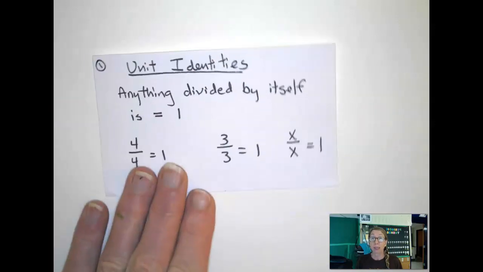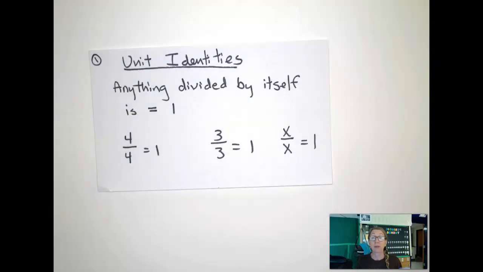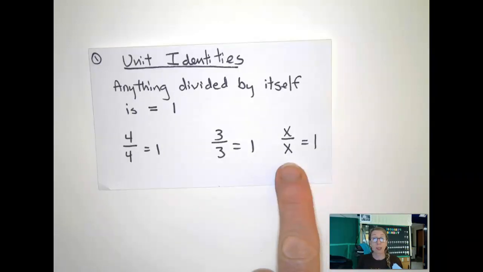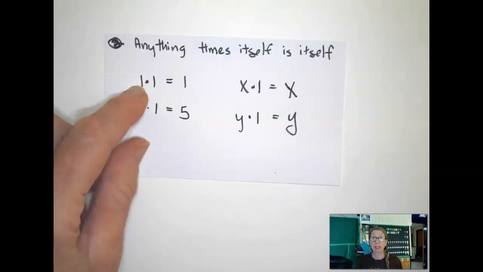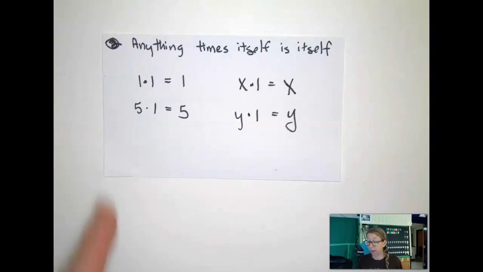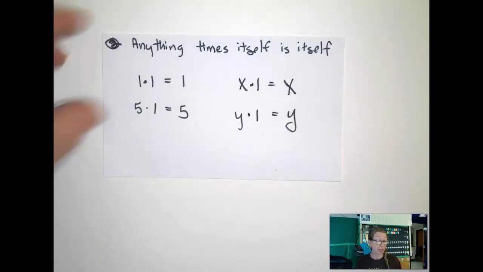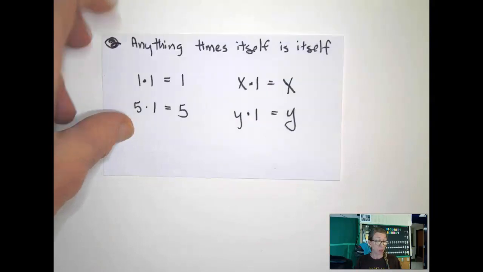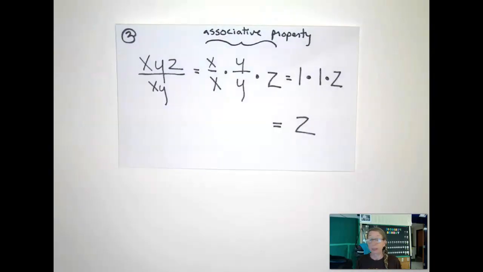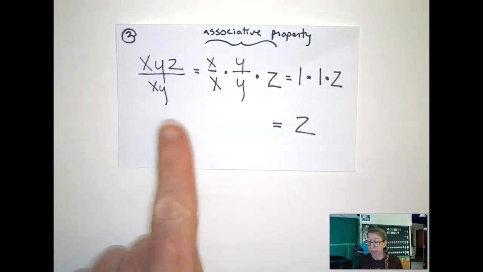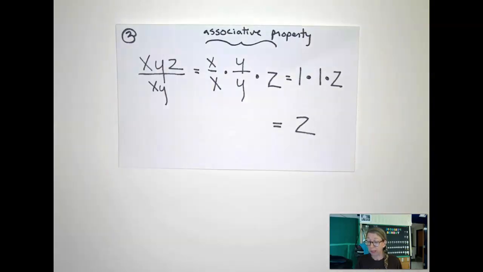The first one is anything divided by itself is 1. 4 divided by 4 is 1. Importantly, x divided by x is 1. And also anything times 1 is itself. 1 times 1 is 1, 5 times 1 is 5, x times 1 is x. So in math, you look at variables and you say, okay, I have x times y times z.